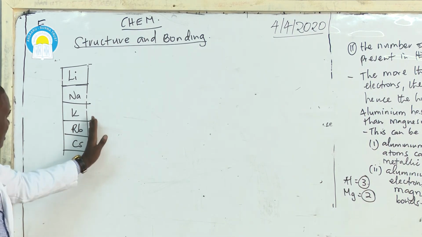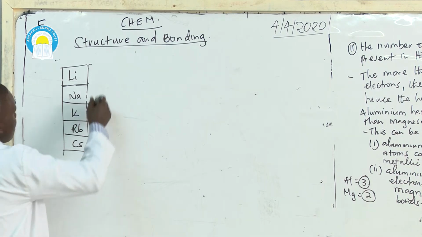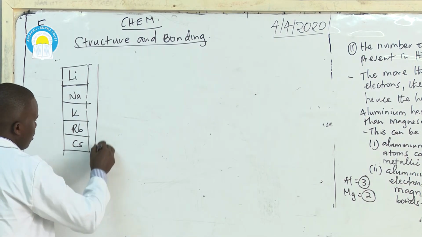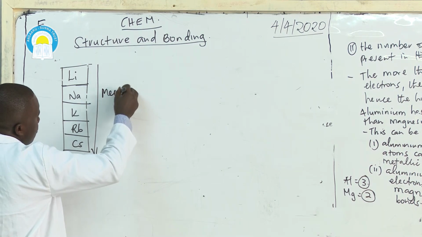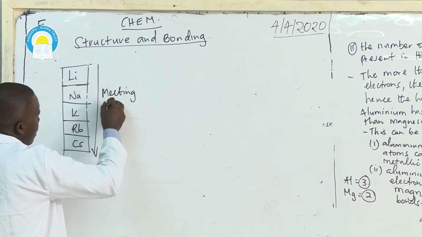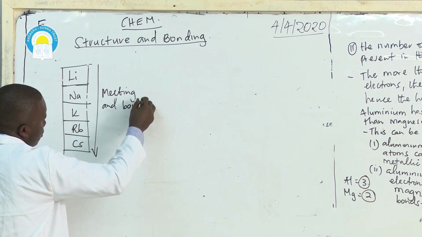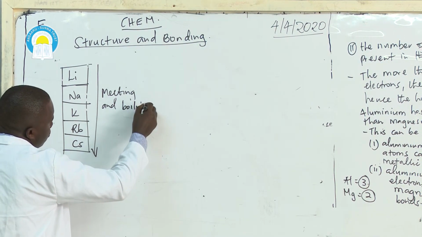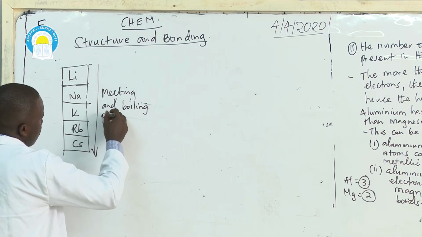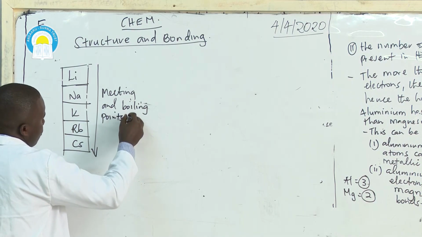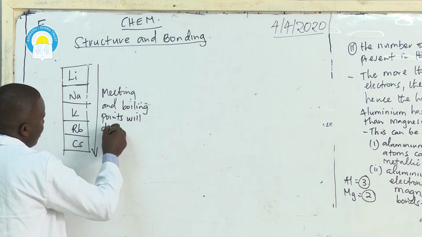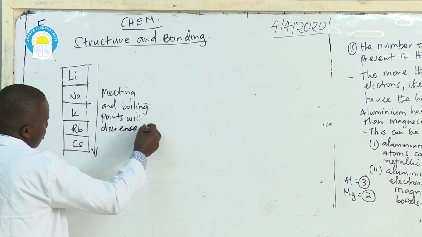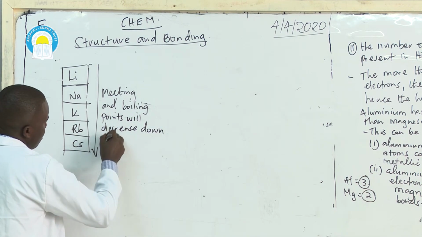So it means that the trend of the melting and boiling points will decrease down the group.